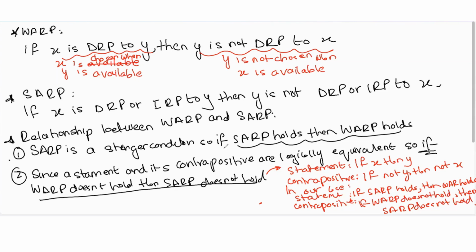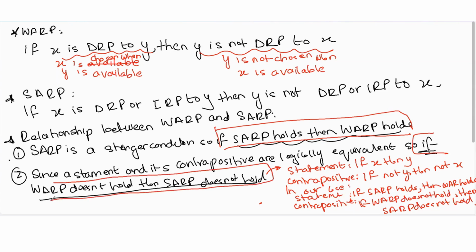Number one, if SARP holds, then WARP holds for sure, so we don't need to check WARP. Second, if WARP does not hold, then SARP does not hold. These are two important ways of looking at the relationship between WARP and SARP.